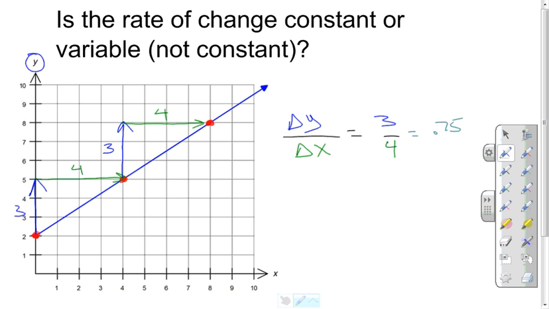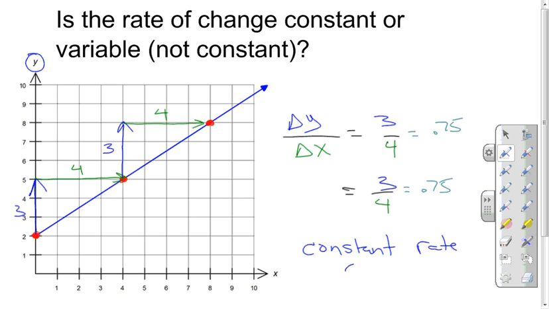So again, for the second circumstance, I've got 3 over 4 for my delta y over my delta x. It's equal to 0.75. So if you notice here, I'm getting a constant rate of change. From point to point to point, I still have a rate of change of 0.75. Well, that means that it's a constant rate of change.